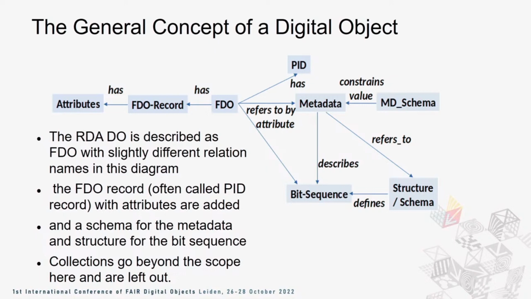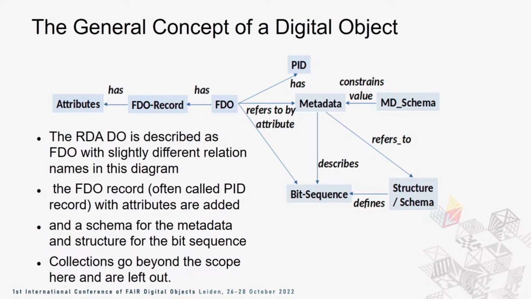This could also be described by a schema, but usually there would be other instruments, what we call types, to describe this structure in a way such that machines can understand how to work on these bit sequences. And also we skip here the collections, which is also in this old RDA picture.